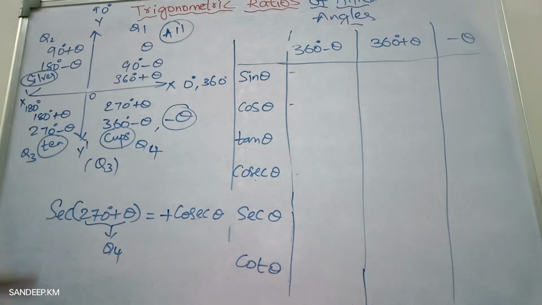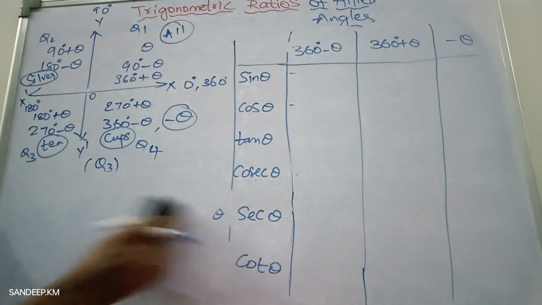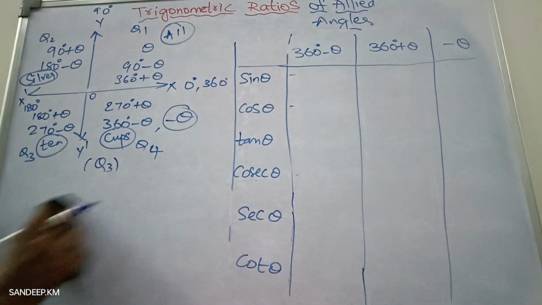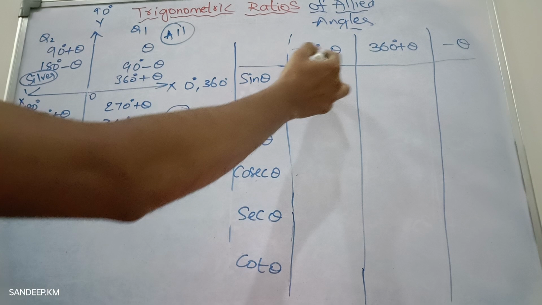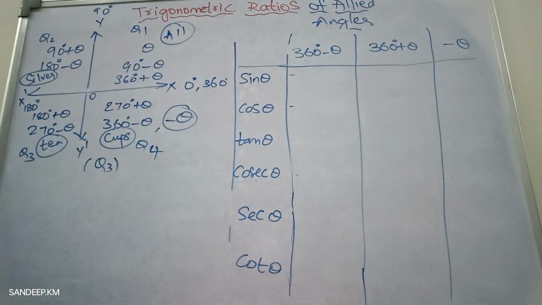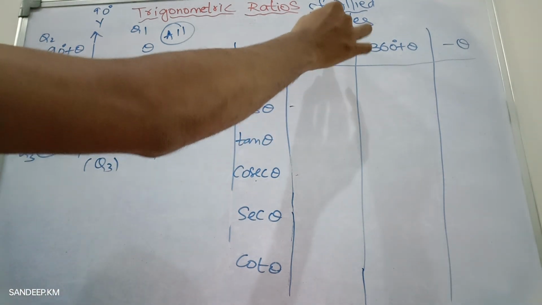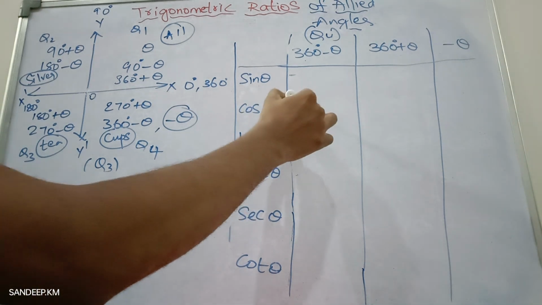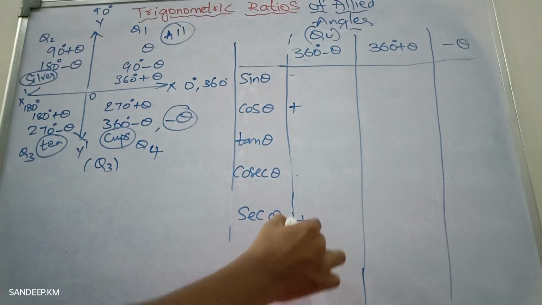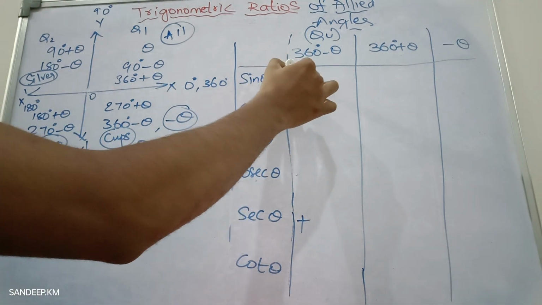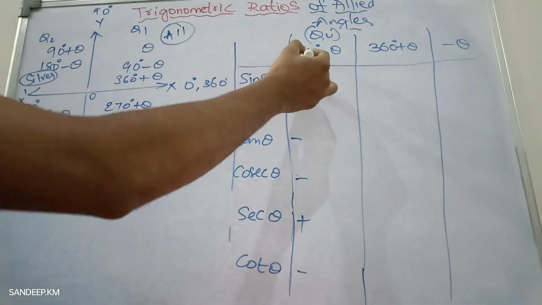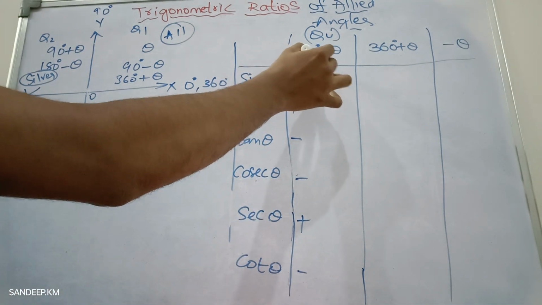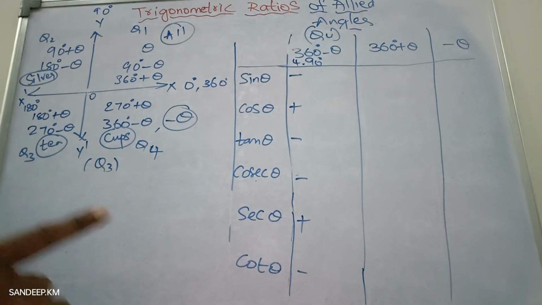Let me quickly complete this because most of you have understood. So how to convert this? Now 360 minus theta is an angle in the fourth quadrant. In the fourth quadrant, cos theta is positive, sec theta is positive, and the remaining trigonometric ratios are negative. 360 degrees is 4 times 90, an even multiple of 90.